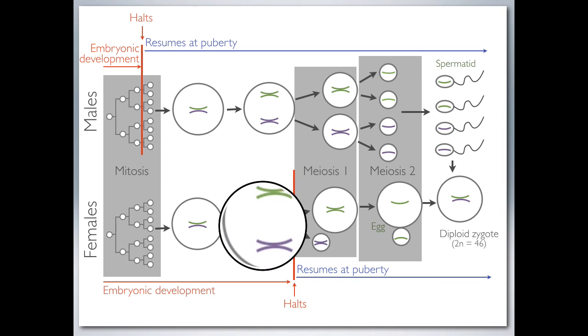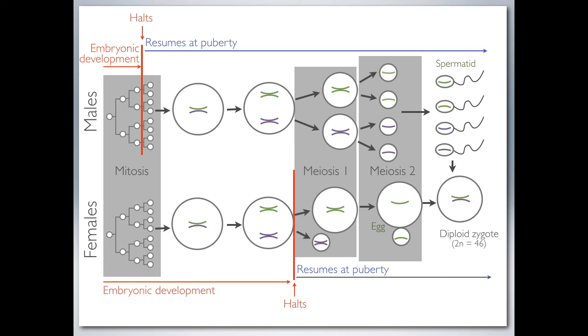Okay, so what this means is that every female carries in her ovaries all of the oocytes that are going to become eggs. There's no more mitotic division after birth. Okay, so in the ovaries are packed all potential future eggs that can be potentially fertilized and produce a zygote, a baby.